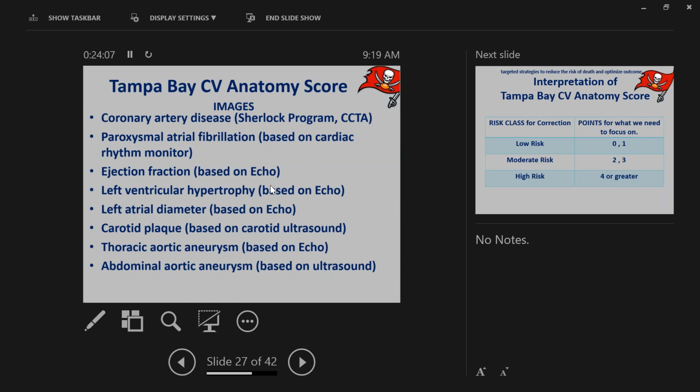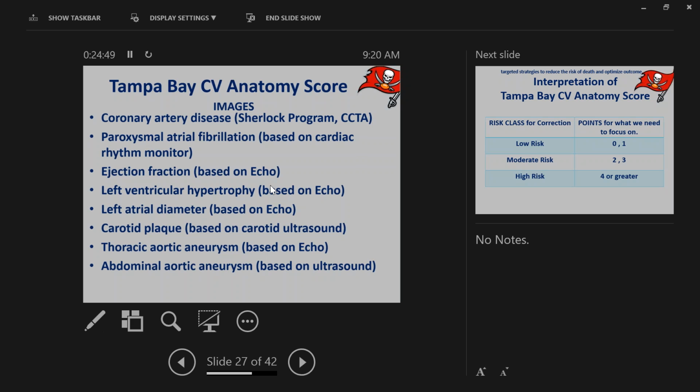So the Tampa Bay Cardiovascular Anatomy score involves these images of coronary artery disease, paroxysmal atrial fibrillation, which is an electrical image recording, ejection fraction based on the echo, left ventricular hypertrophy based on the echo, left atrial diameter based on the echo, carotid plaque, and we're looking for carotid plaque ulcers, and that's something we've been exploring most recently because we're interested, again, what happens with activated platelets because they get activated by bone powder, and what happens to those if there's an ulcer in the carotid or an ulcer in the heart in a plaque.